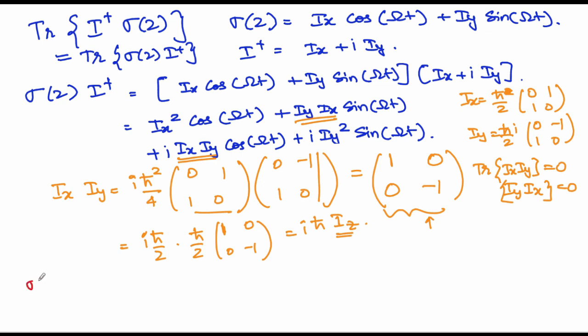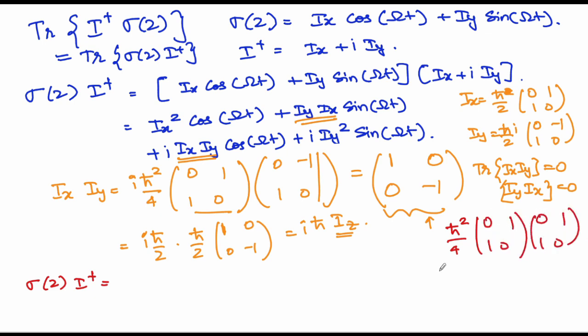All that we have to focus on for sigma 2 times I plus will be Ix square. So why don't we calculate what is Ix square? That's going to be equal to H cross square by 4, 0, 1, 1, 0 times 0, 1, 1, 0. This will be equal to H cross square by 4, 1, 0, 0, 1.